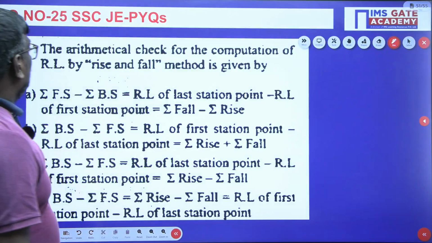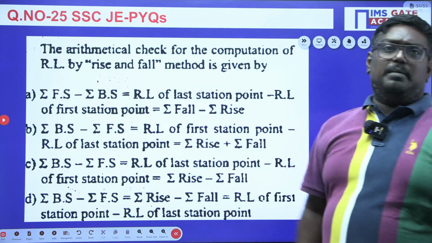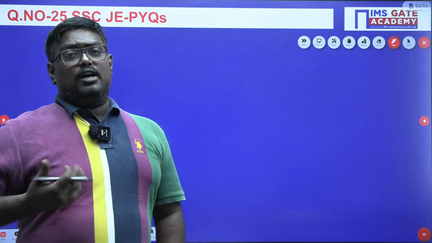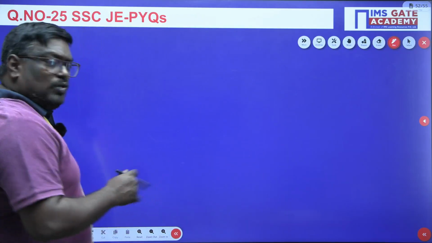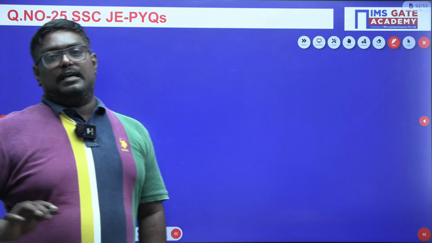Now we have the final question here. The arithmetical check for the computation of the rise and fall method. My dear students, there are two methods actually, the height of instrument method and the rise and fall method. Usually when the number of survey points is more, we go with the rise and fall method.